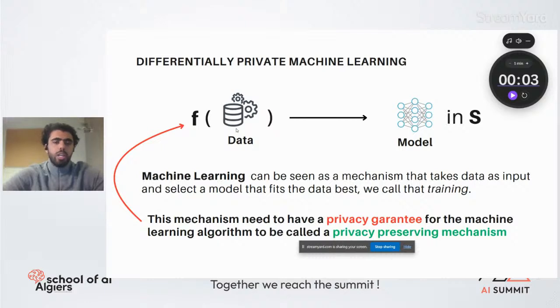If you can ensure the previous property of differential privacy, by considering that F is the training mechanism, then we can say that this machine learning algorithm is differentially private.